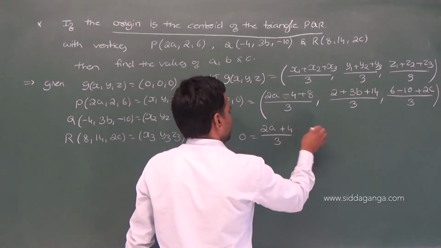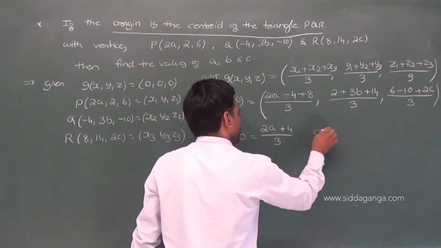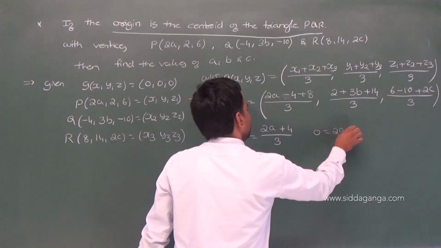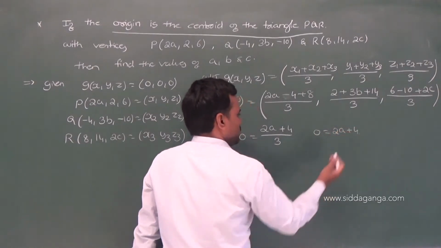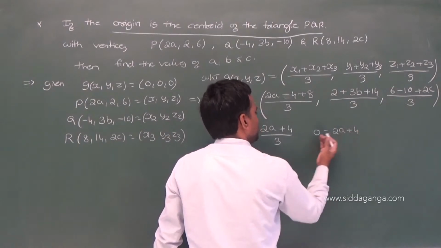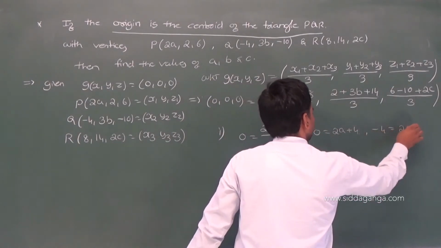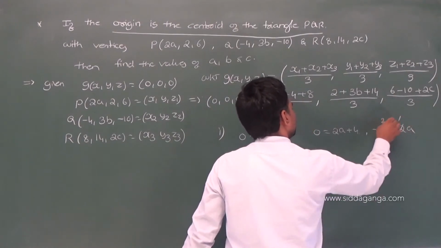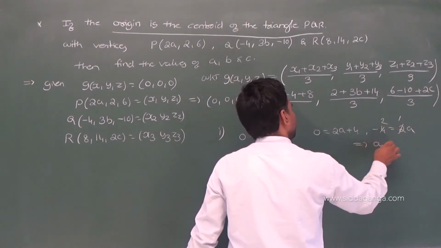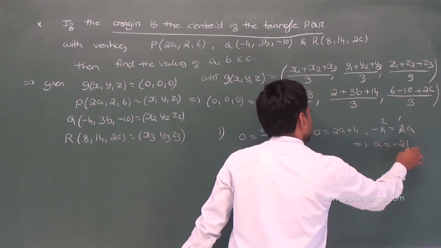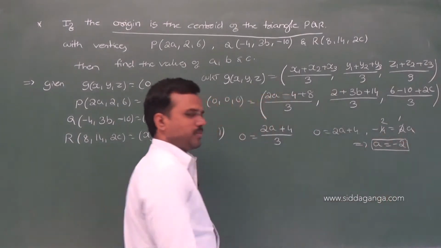On cross multiplying, 0 into 3 is 0 is equal to 2a plus 4. Plus 4 we shift from right side to left side, it becomes minus 4 is equal to 2a. 2 ones are 2, 2 twos are 4. That implies the value of a is minus 2.